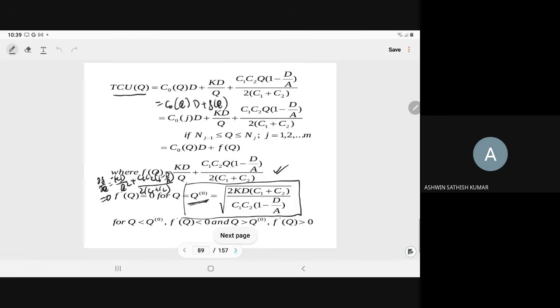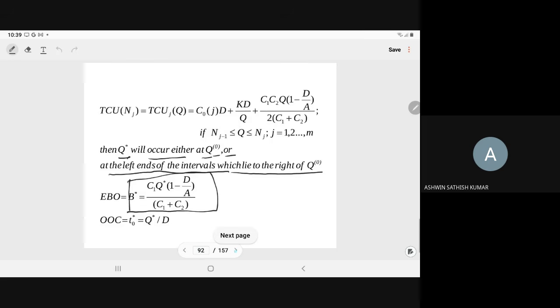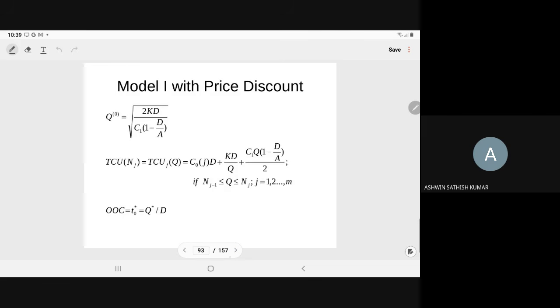T0 star is Q star upon D. And TCU will be computed where we have the minimum TCU.